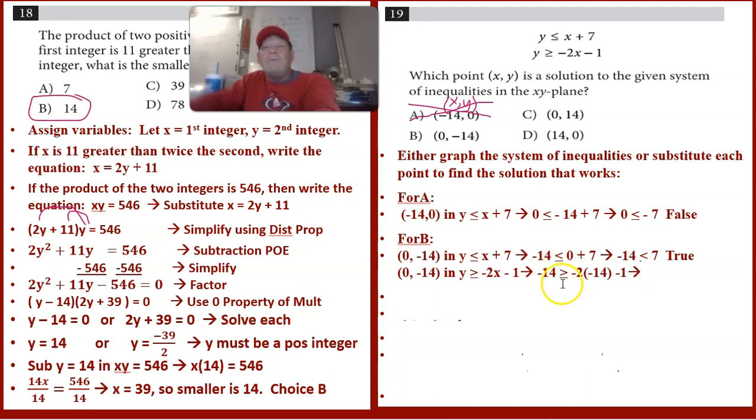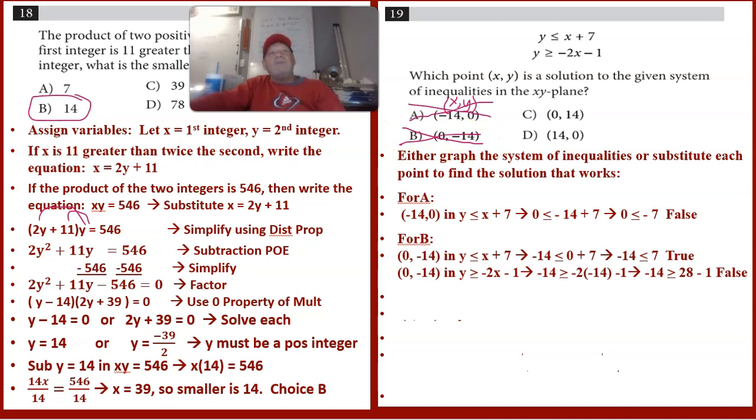So I substitute those, and I get negative 14 greater than or equal to negative 2 times negative 14 minus 1. So negative 14 greater than or equal to a negative times a negative is a positive 28. Well, is negative 14 greater than or equal to 28 minus 1, which is 27? No, that's false. So since that's false, now I just ruled out B.